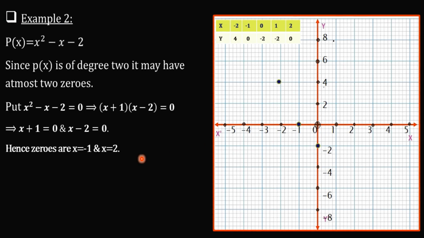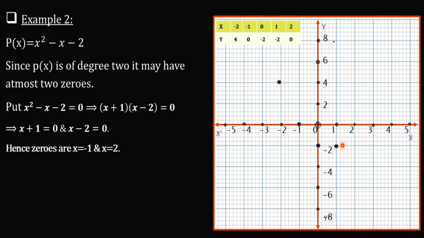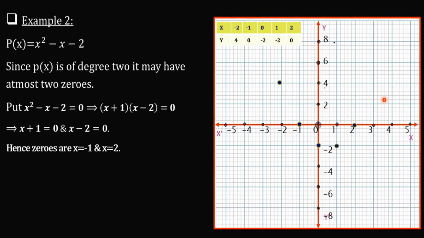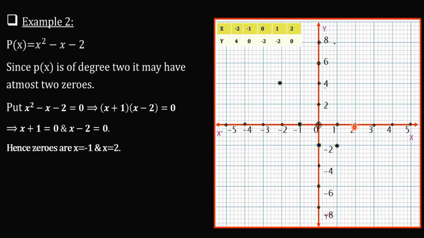Next point is 1 comma negative 2. That is, x coordinate is 1 and y coordinate is negative 2 here. Next point 2, 0. That is this point. The y coordinate is 0 and x is 2. The intersection of both gives this point.